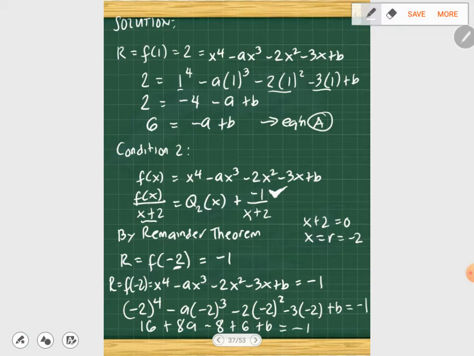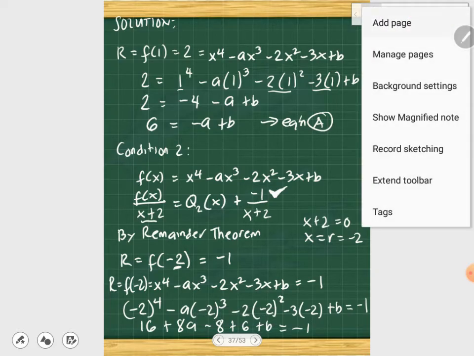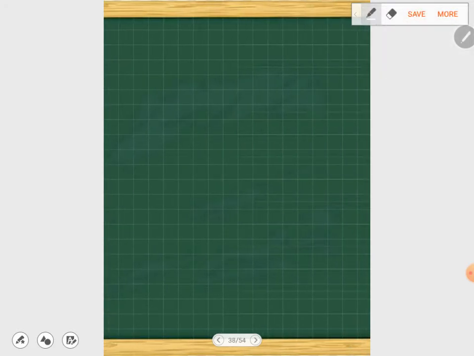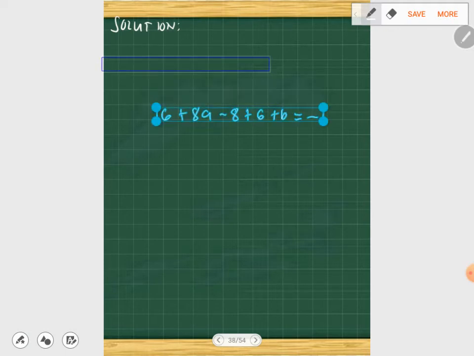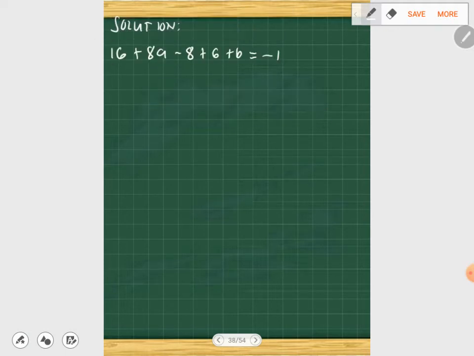Okay? So, continue pa rin tayo dito. So, ganito na yan. Okay? So, therefore, we will have now, simplify natin yan, ha? So, this becomes 14.